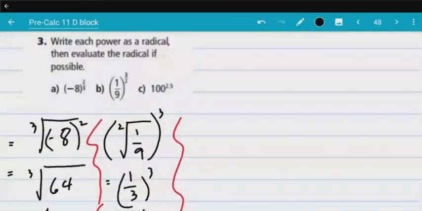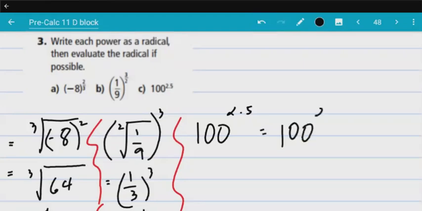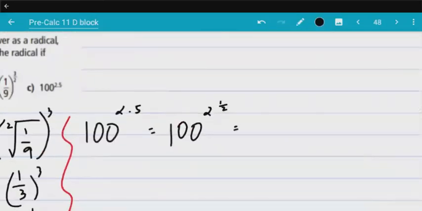Okay. Next, 100 to the 2.5, and in this case, you should turn that exponent into a fraction. So 100 to the 2.5 becomes 100 to the 2 1/2, which becomes 100 to the 5/2.